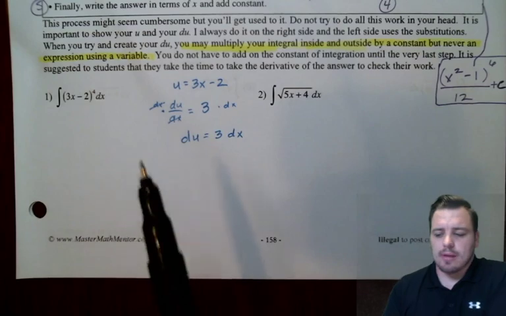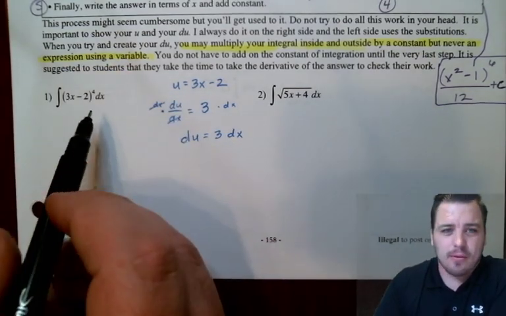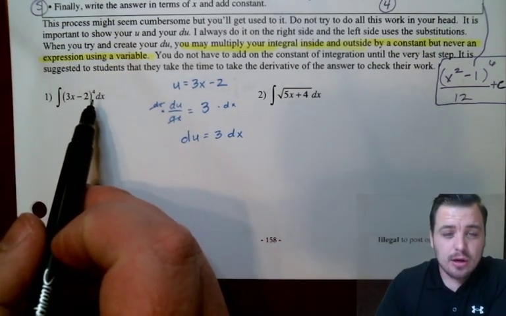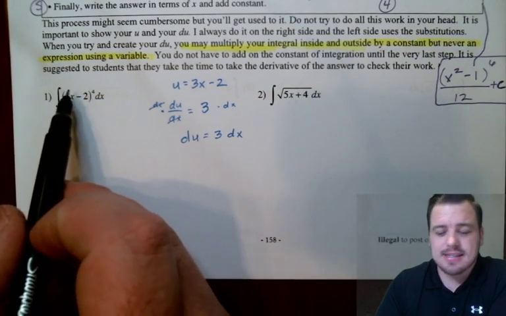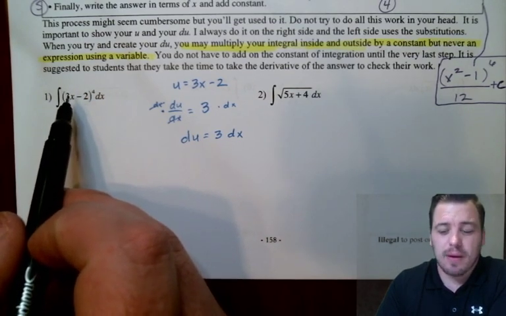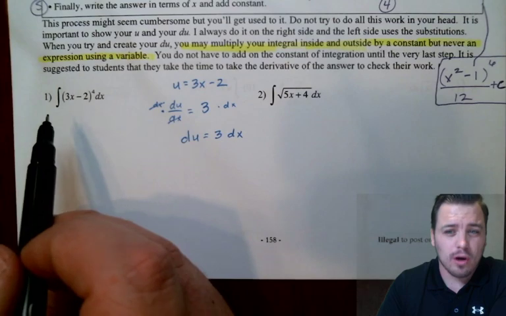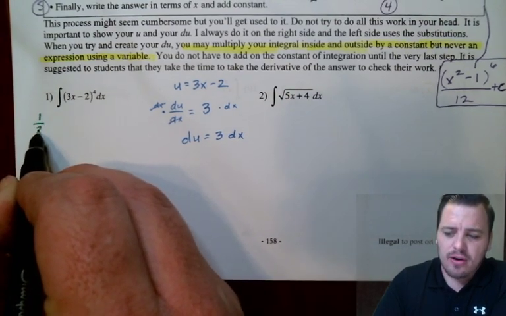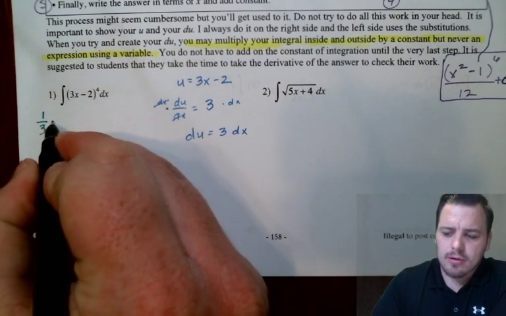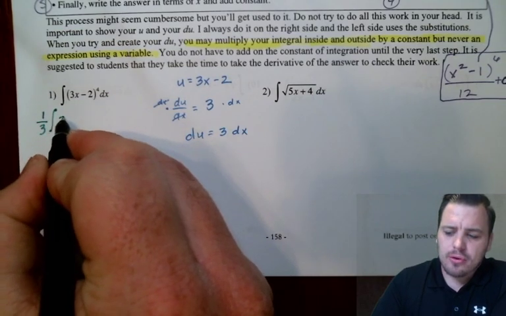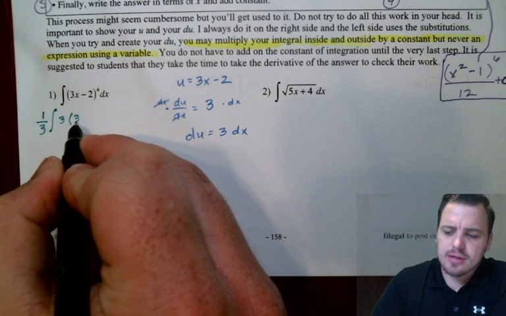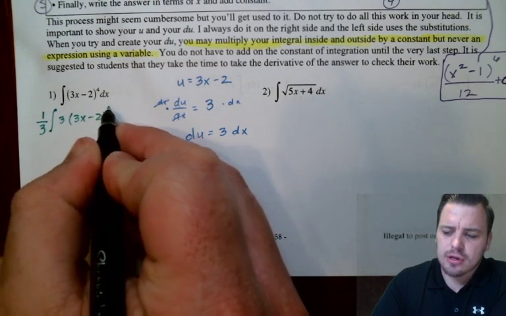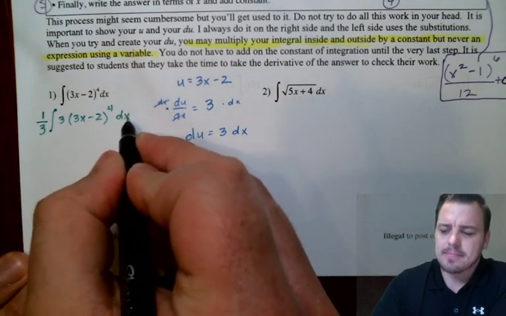So I'm going to multiply the inside of the integral by 3, which means I multiply the outside by its reciprocal, 1/3. So it should look like this: 1/3 integral 3 times (3x minus 2) to the 4th dx.